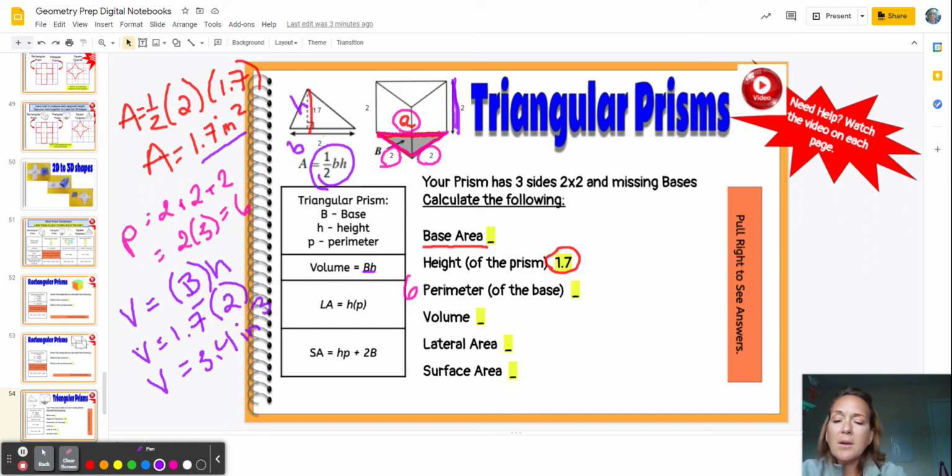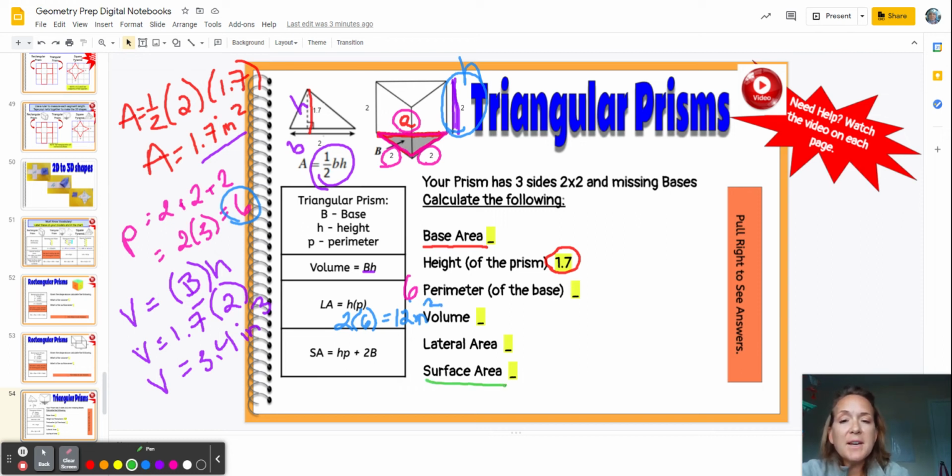And then we've got lateral area. Let's go to blue for lateral area. That's going to be the height. Again, that's the height of the whole shape. That's my H. So 2 times the perimeter, and our perimeter was 6. So 2 times 6 equals 12. Lateral area is area. That's going to be inches squared. And then we'll go to green, our surface area.